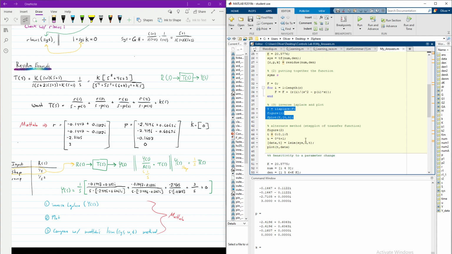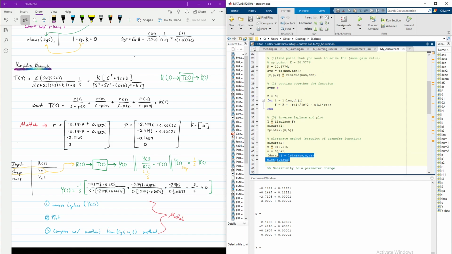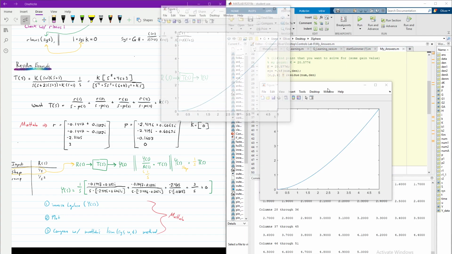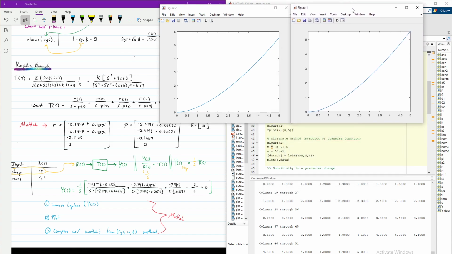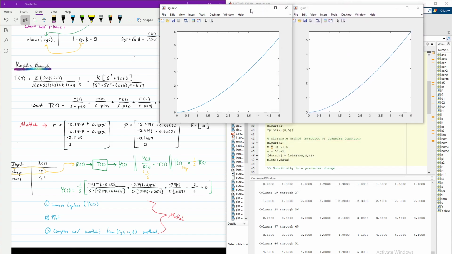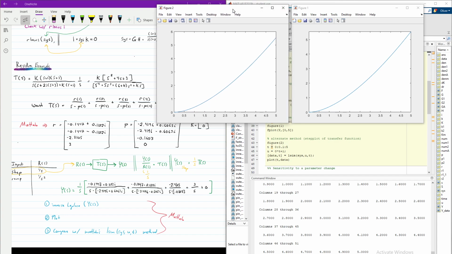And then we're also going to plot it using LSIM. And LSIM is something you should be familiar with. Our input's going to be a step. In the time domain, that looks like a bunch of ones. That's what this is. We're going to go from 0 to 5, and we'll see what we get. Okay, we get the same thing. So that's very neat. We've done the residue function to find the partial fraction expansion.